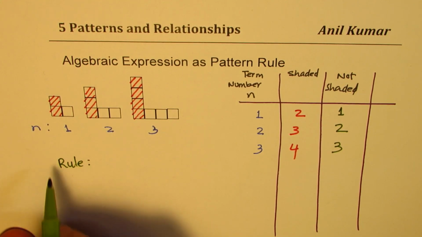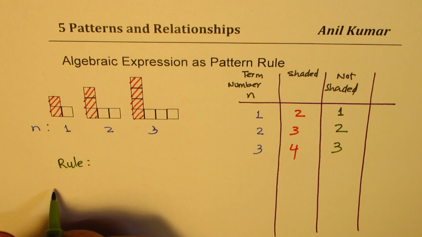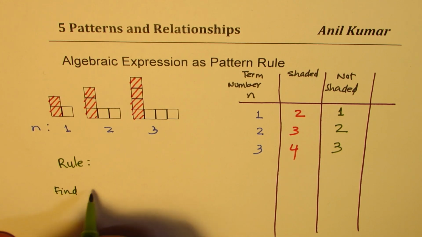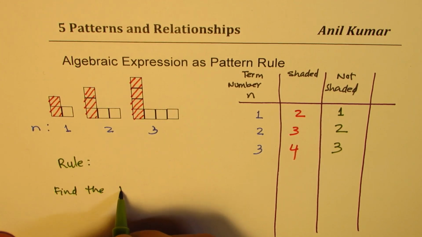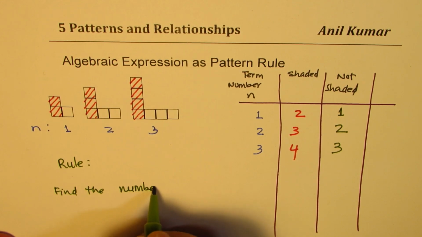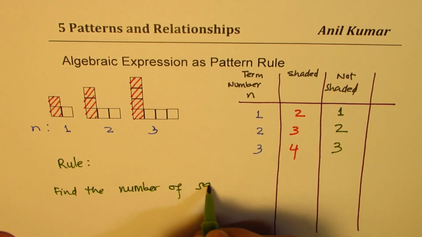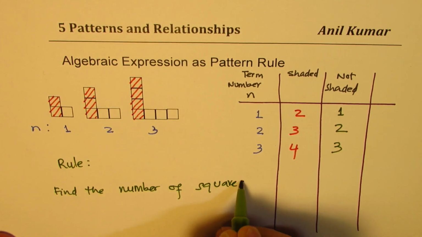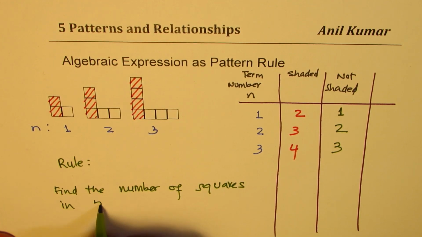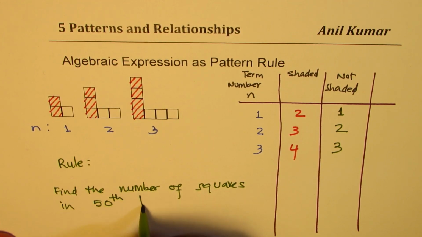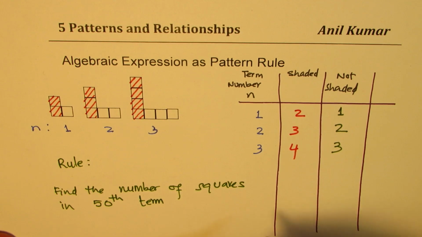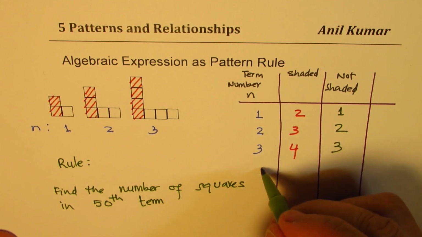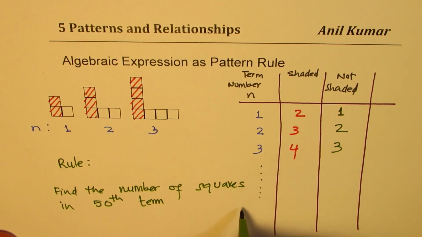Do you understand? Once you write your rule, then find the number of squares in the 50th term. That means if you extend this, I want to know how many squares will be in this term. Correct?